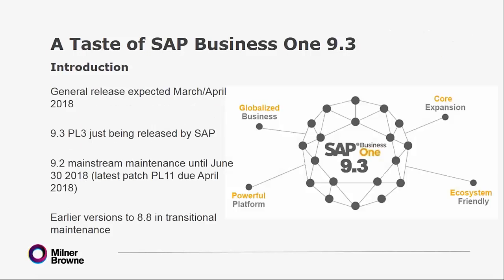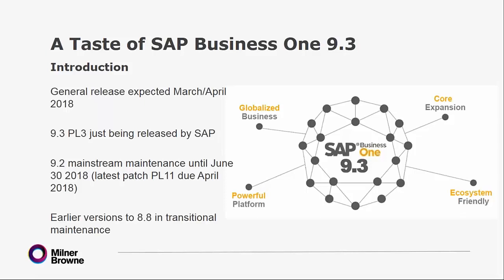Okay, so at the moment the general release of 9.3 is due out sort of March, April, so any time now. It has been out in early adoption mode since September last year, and we do have one or two customers who are already progressing with that, but the full general release will be out very, very shortly.